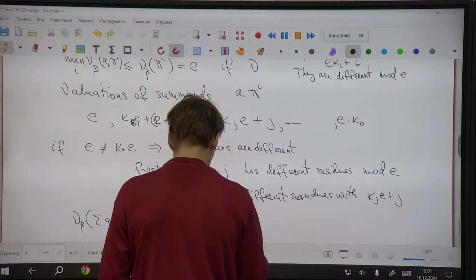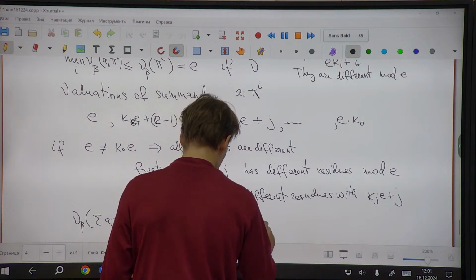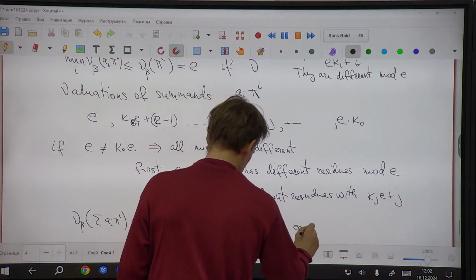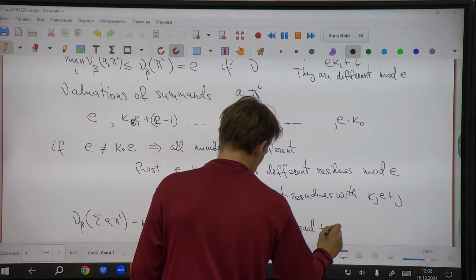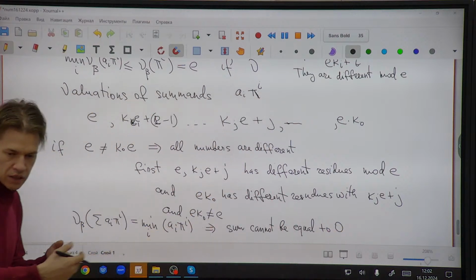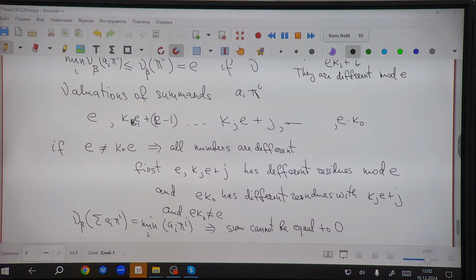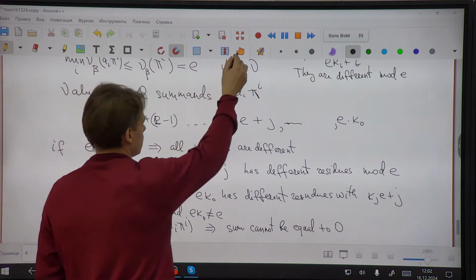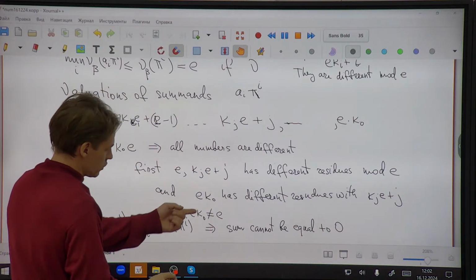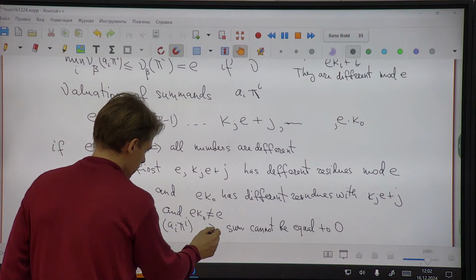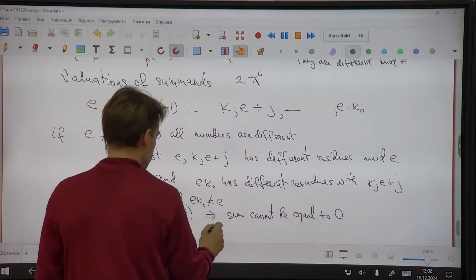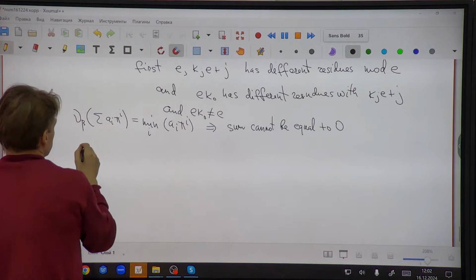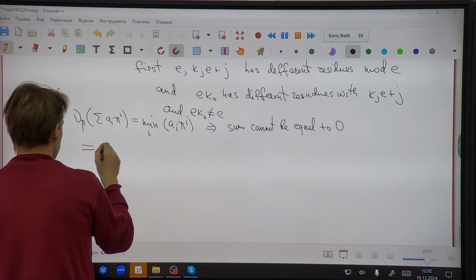The sum cannot be zero, because we assume that the summands are different, so they are non-zero a priori. Then we come to a contradiction. So we see that a_0 has precisely valuation e. So this means that we come to a contradiction.